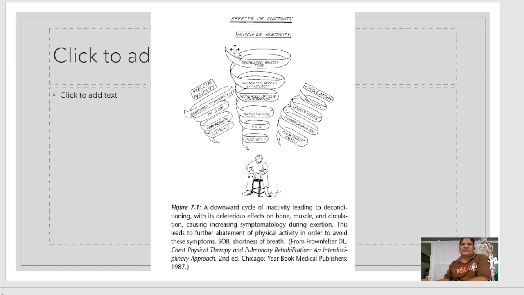So this is the effects of inactivity. This is a downward cycle. No? A downward cycle of inactivity leading to deconditioning. Ang patient nga naay problema sa heart, di na siya ganahan molihok. Magsige na lang siyang puyo.